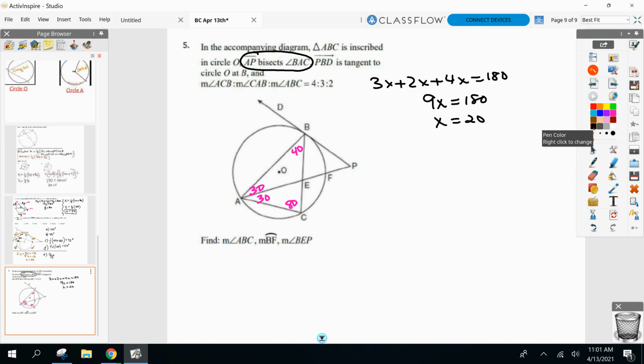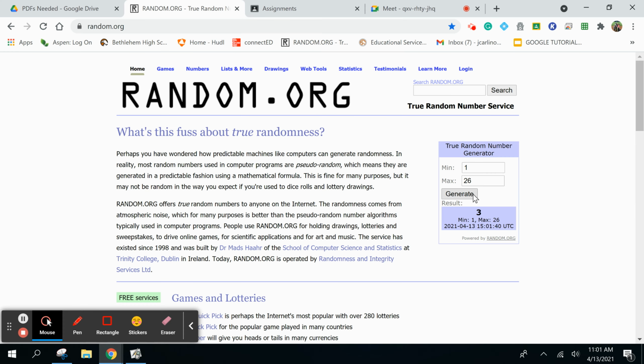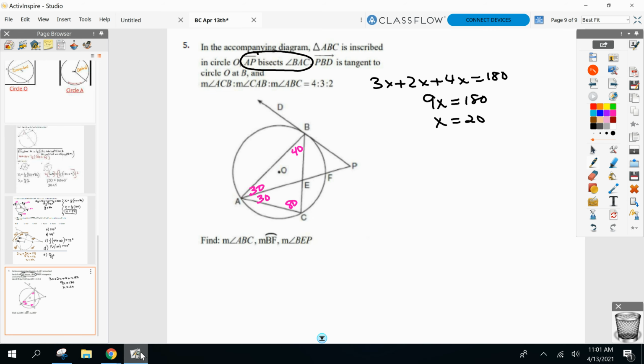So if angle C is 80, what's the measure of arc AB? If angle C is 80, what's got to be the measure of arc AB if that's inscribed? 160.